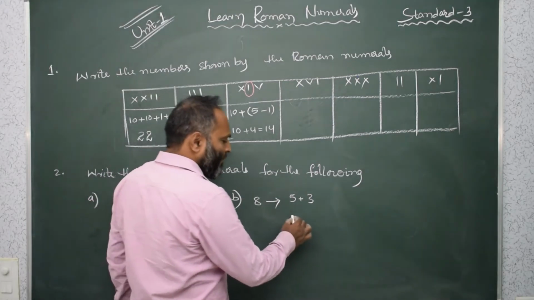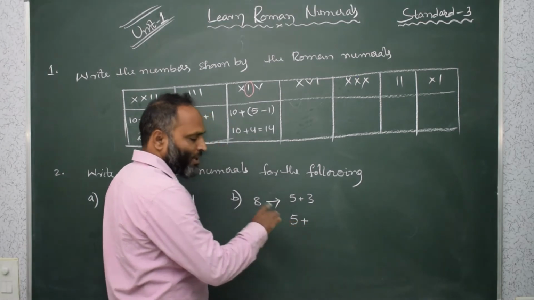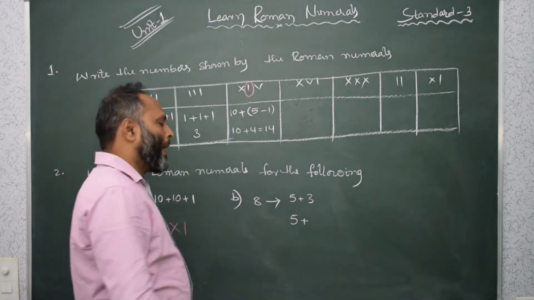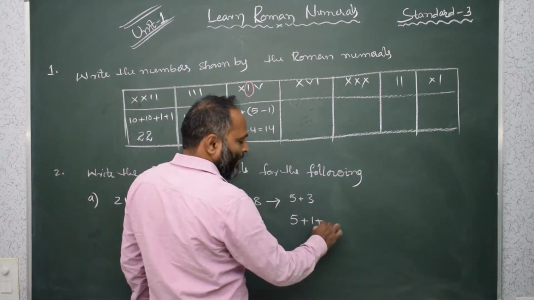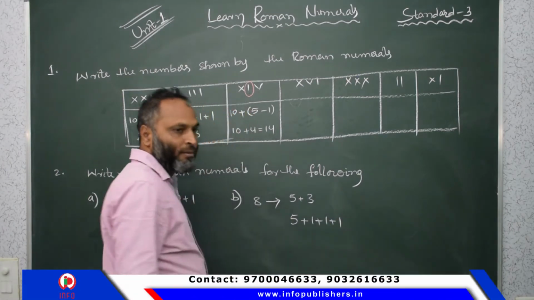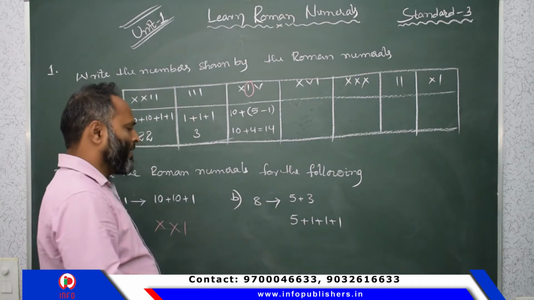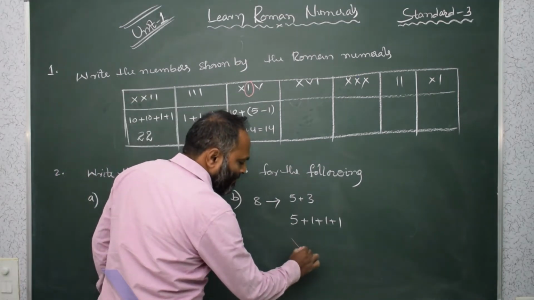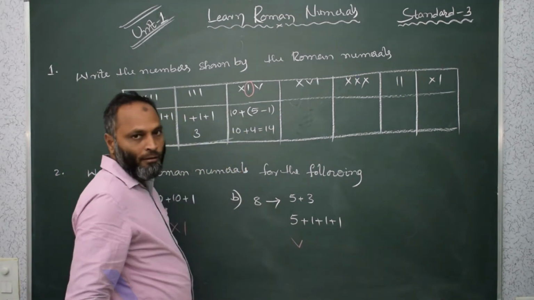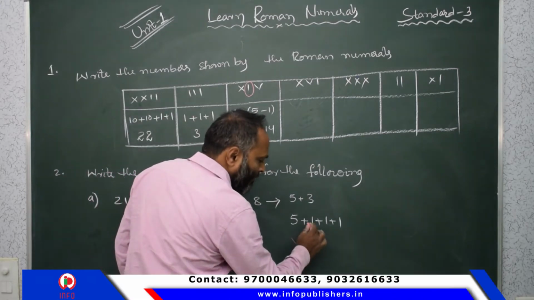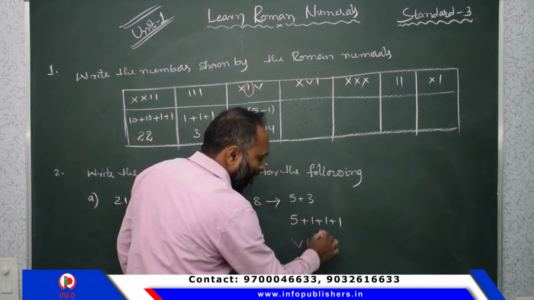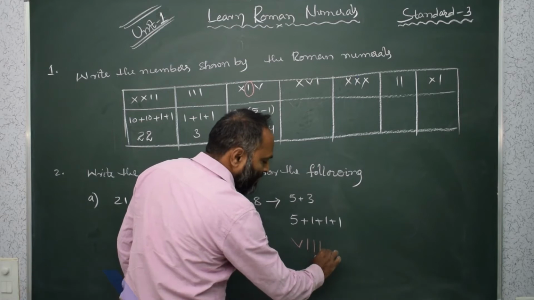So in Roman alphabets 5 as it is, because the 5 representation is there, and 3 is 1 plus 1 plus 1. Then 5 representation is V, and 1 representation is I, I, I.